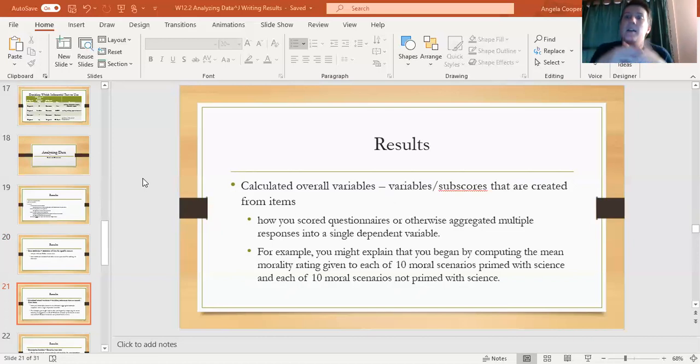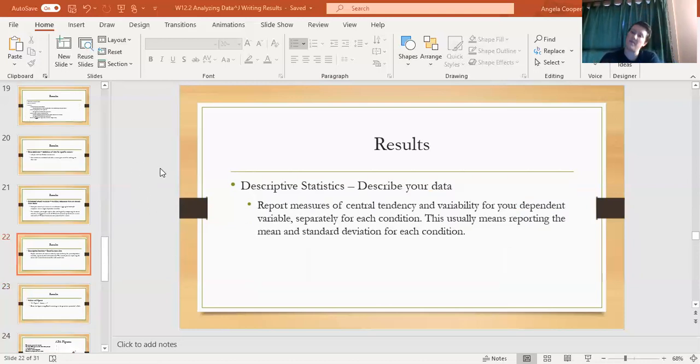How did you get there? Explain your composite scores. Explain we found the average or the sum for each individual participant in their self-esteem scores or self-efficacy scores or self-worth, or whatever your dependent variable is, whatever it is that you're comparing between your groups, and just say how you turn that into one thing instead of a questionnaire of 10, which again is done just by making a composite score.